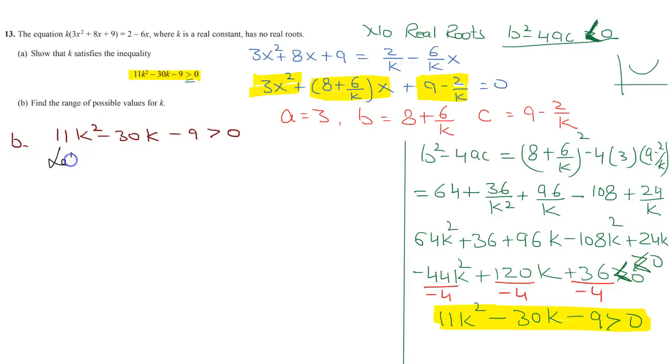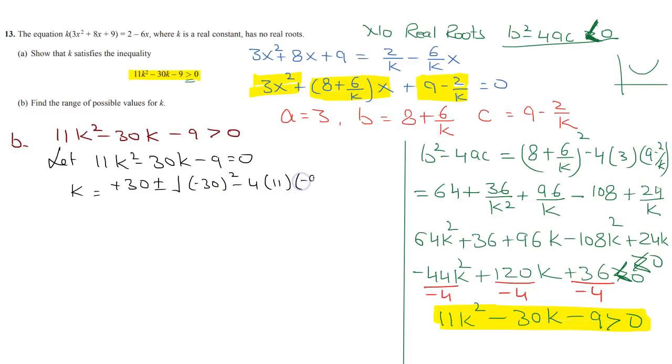So let's say 11k square minus 30k minus 9 is equal to 0. So k is equal to minus b plus or minus root of b square minus 4ac, divided by 2a.